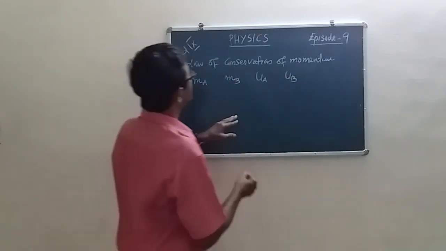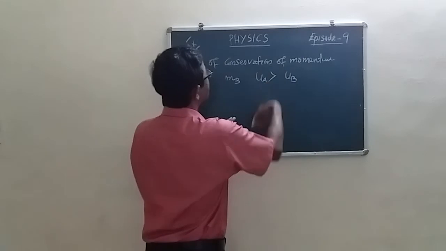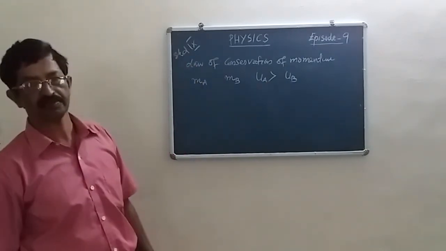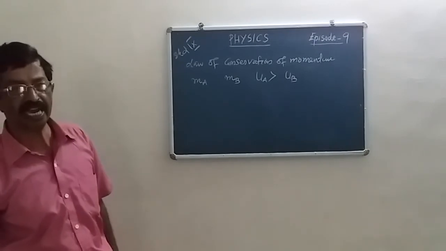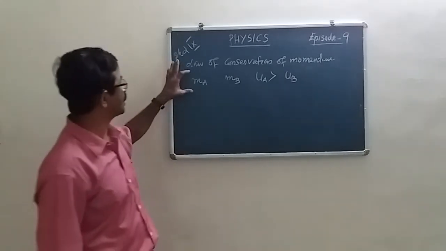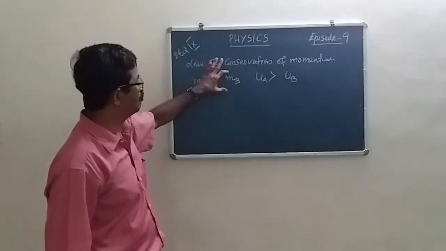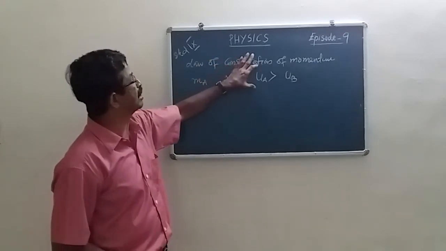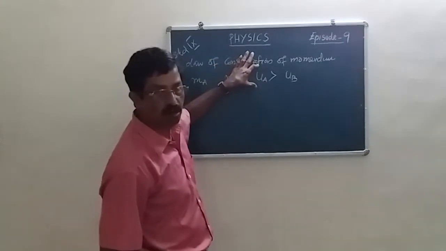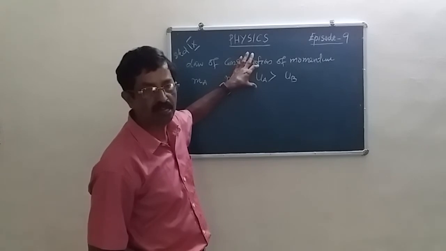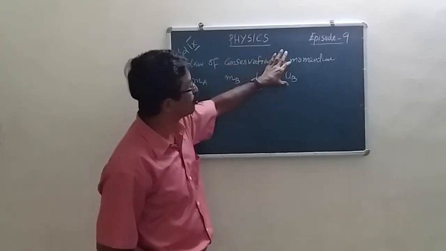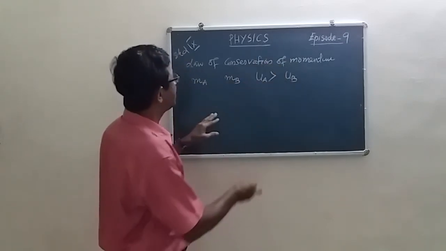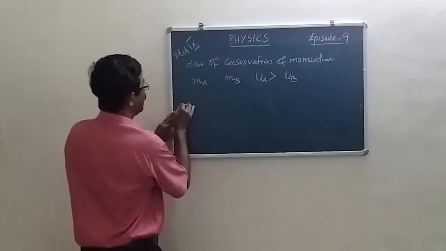Now this UA is greater than UB. Consider two objects A and B of masses MA and MB moving along a straight line with velocities UA and UB.